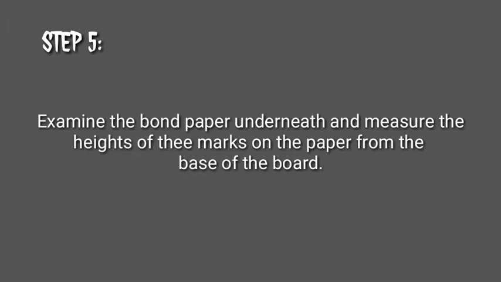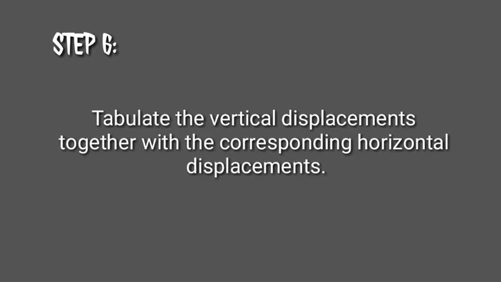Examine the bond paper underneath and measure the heights of the marks on the paper from the base of the board. Tabulate the vertical displacements together with the corresponding horizontal displacements.